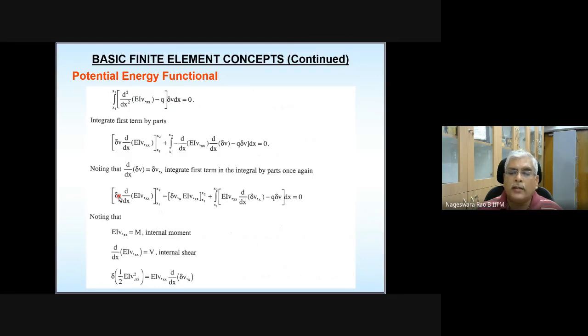And what is V? V is transverse displacement, and the derivative of V with respect to X is nothing but slope. So basically, the variation of V is the variation of transverse displacement evaluated at x1 and x2, and the variation of slope evaluated at x1 and x2. That you need to keep in mind.